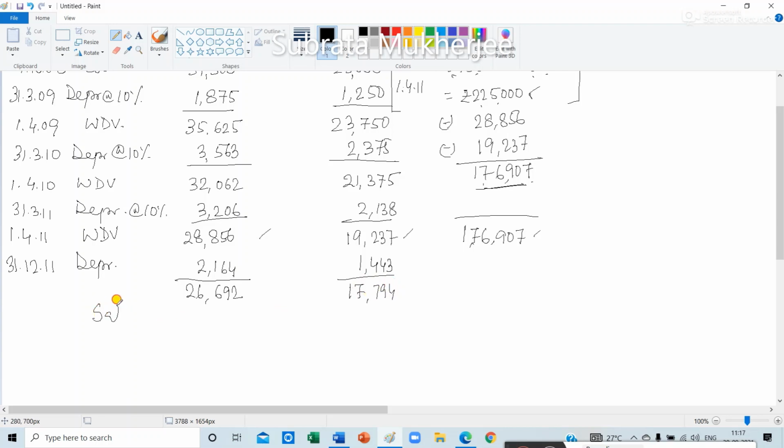These two machines were sold for 18,750 and 6,250. So you have made a loss on sale of machine 1 of rupees 7,942 and on machine 2 of 11,544.